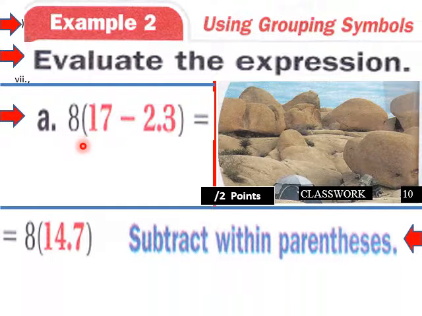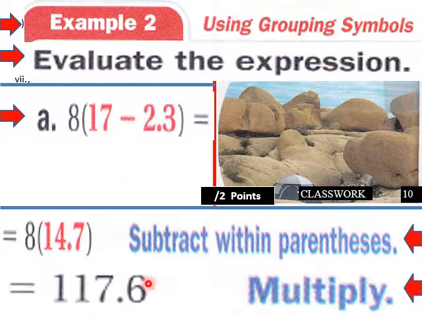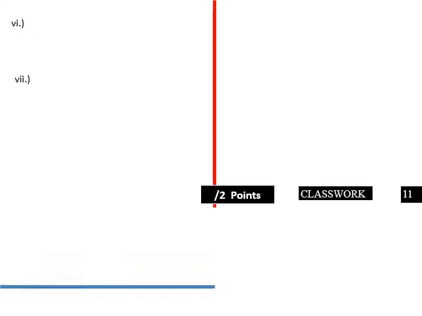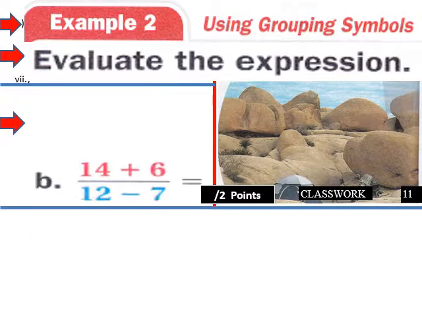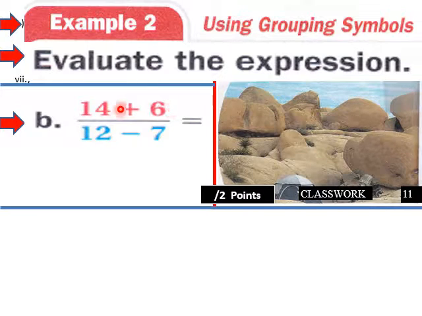Here is A here, how do we solve that? Well, we do the inside of our parentheses first, which is 14.7, and then we'll multiply that by 8. So subtract within parentheses, then we do our multiplication. We have 117.8 for that. And then section B to example 2, we have this situation here.